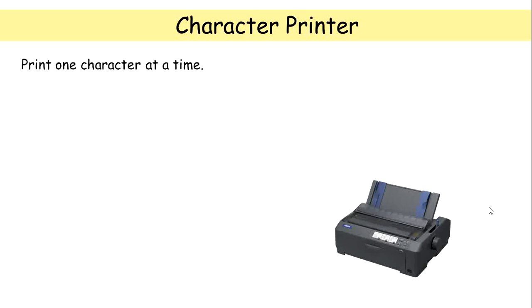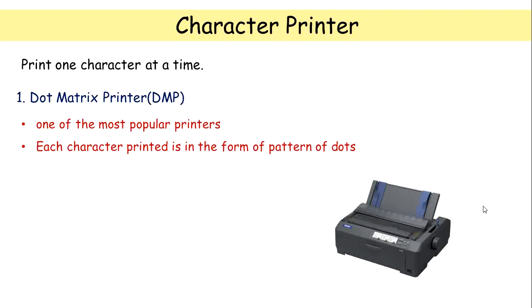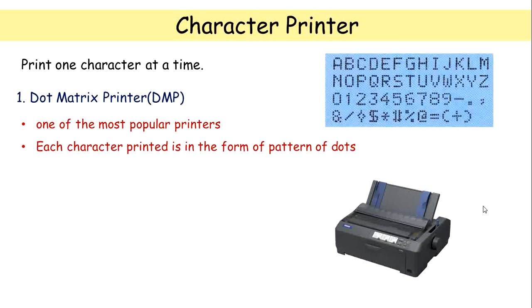Now we are discussing character printer, which is a part of impact printer. It prints one character at a time. Dot matrix printer is an example of character printer. It is one of the most popular printers. Each character printed is in the form of a pattern of dots, like this.